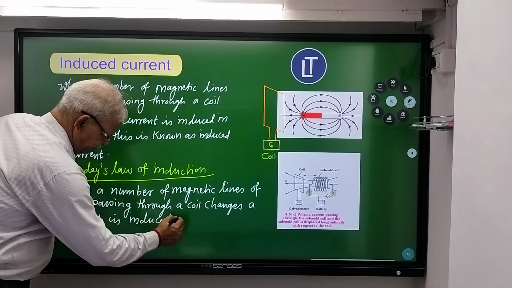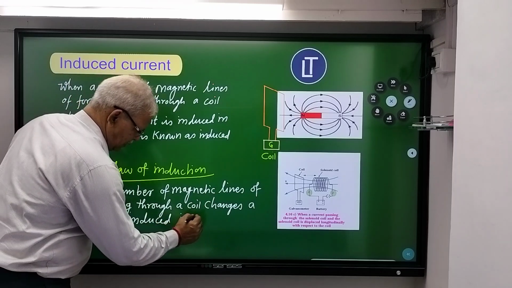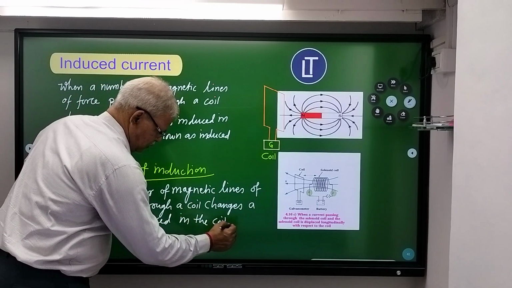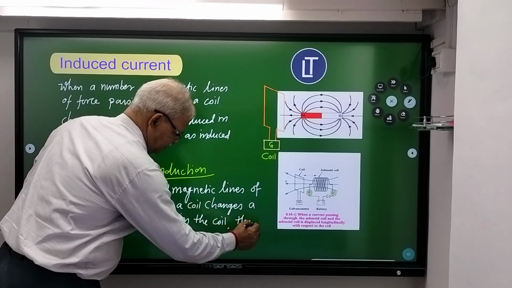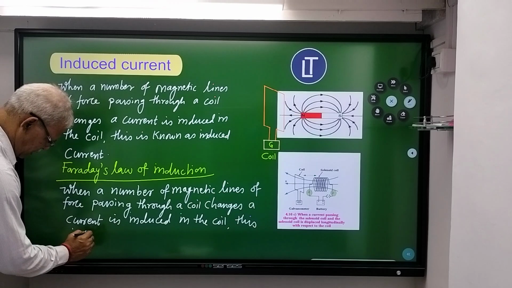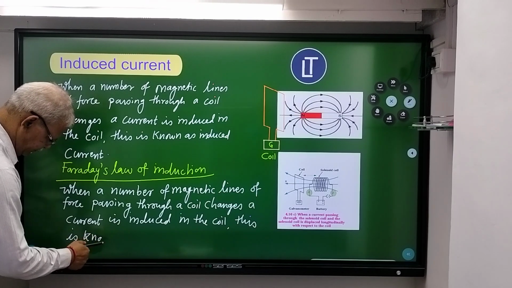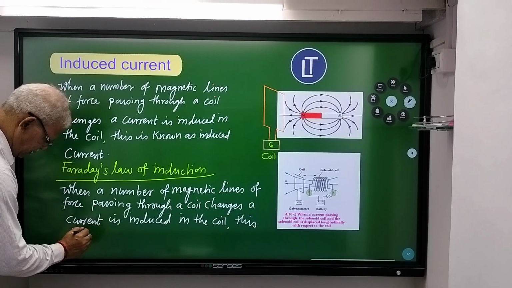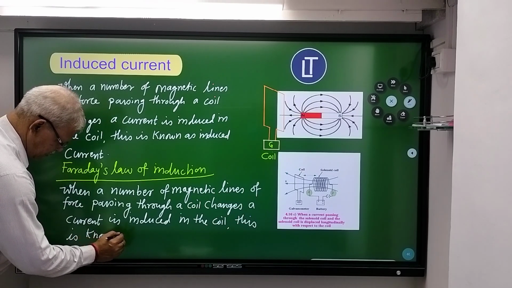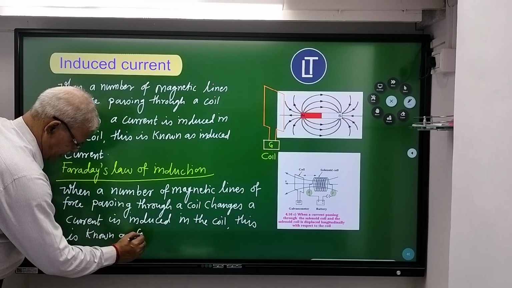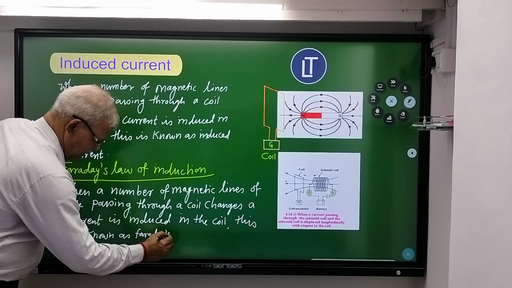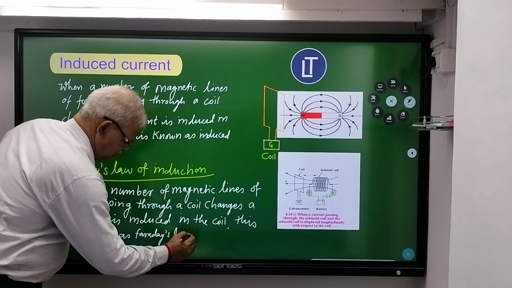This is known as Faraday's law of induction.